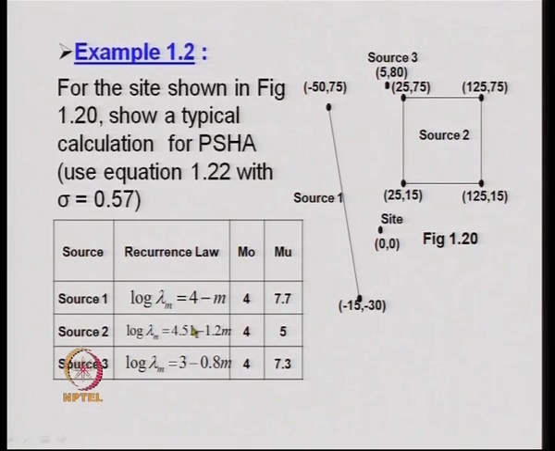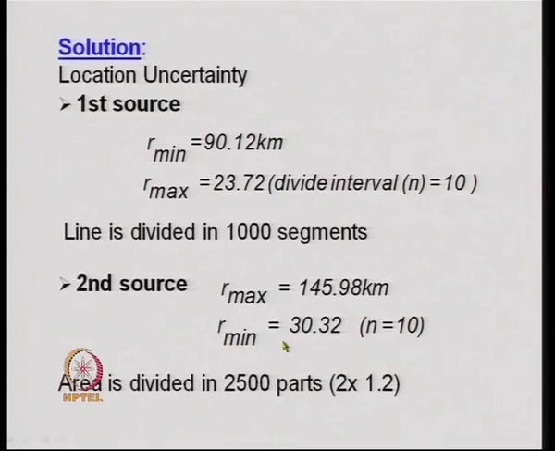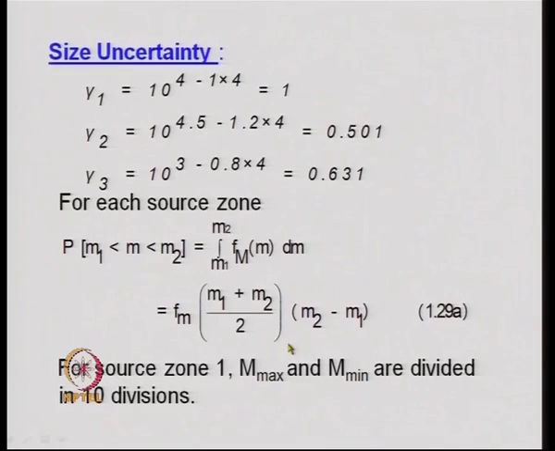For this, the value of A is equal to 4.51 and the value of B is equal to 1.2, and for this the value of A is 3 and the value of B is equal to 0.8 for the equation that I have written on the top. So, using this equation, one can find out the value of lambda 1 or rather nu 1, nu 2 and nu 3. This is same as lambda 1, lambda 2 and lambda 3.